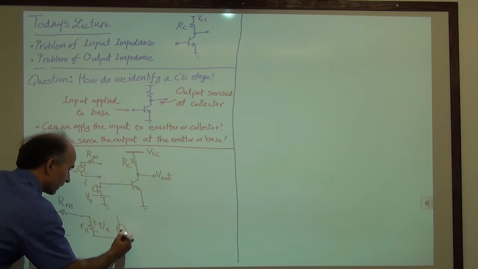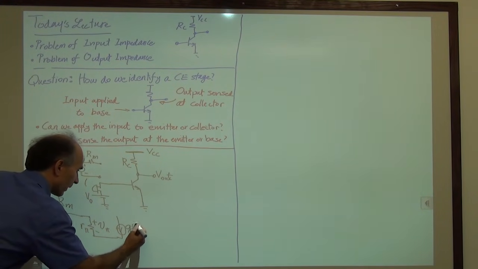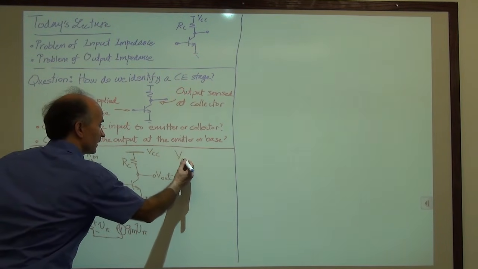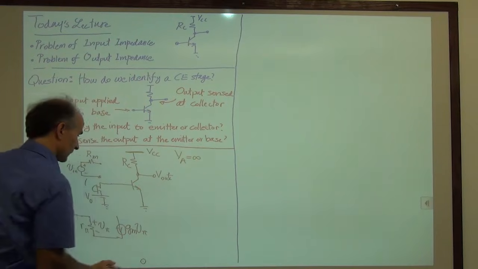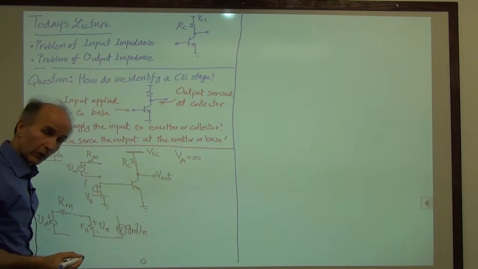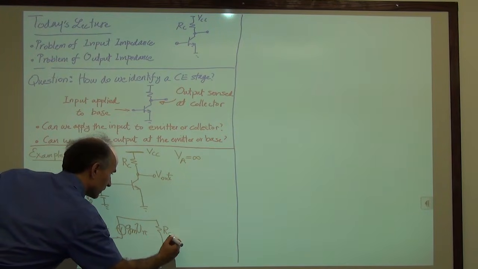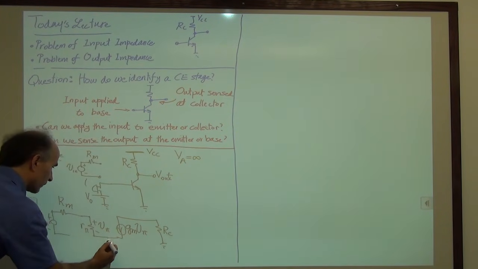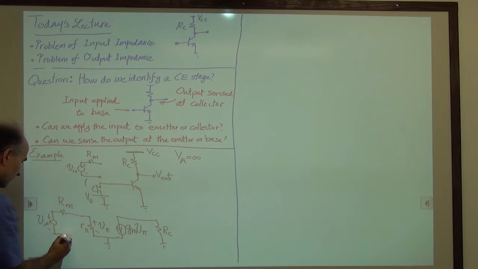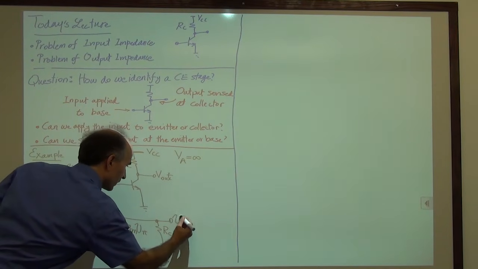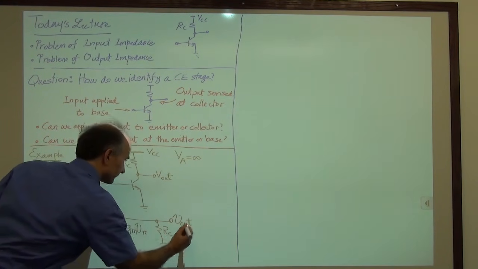Then we have Gm V pi, and let's assume that the early voltage is infinite so that we don't have to worry about RO. And then we have RC, which goes to ground, and the emitter, of course, goes to ground, and this also goes to ground. And the output voltage, the small signal output voltage, is sensed out here.